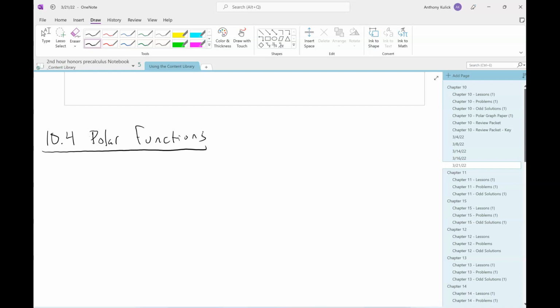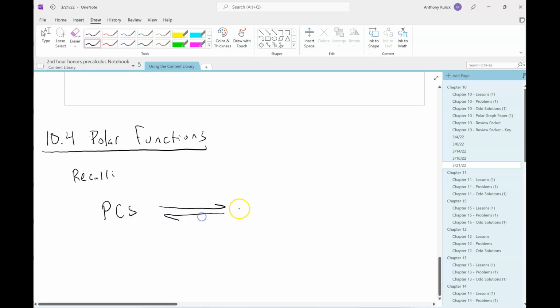Okay, so remember from last time, we talked about how to convert between the polar coordinate system and the rectangular coordinate system, right? To go from polar to rectangular, we just do r cosine theta to get the x coordinate and r sine theta to get the y coordinate.